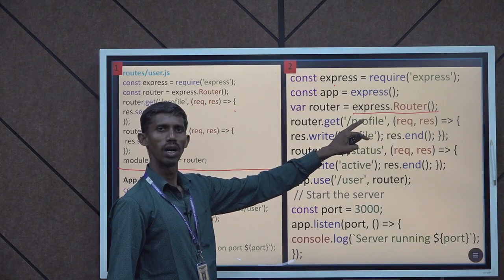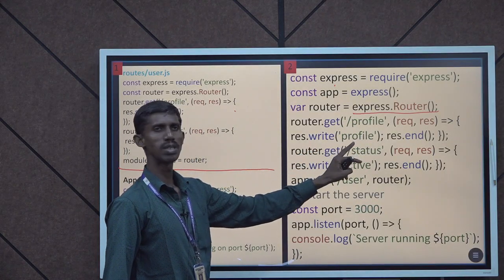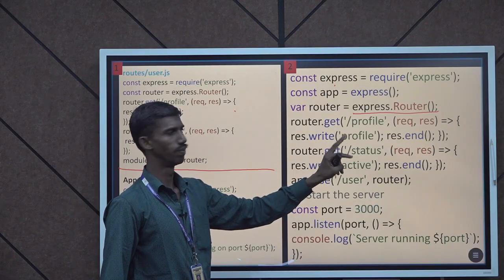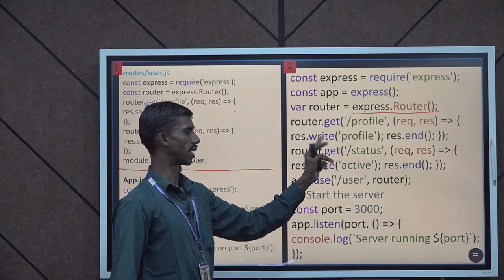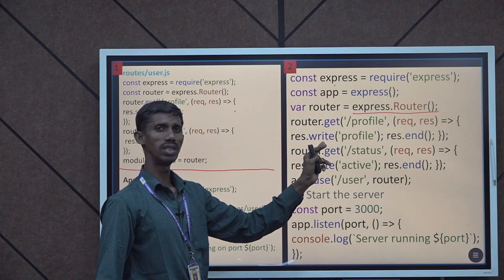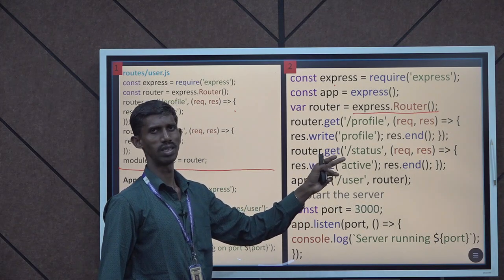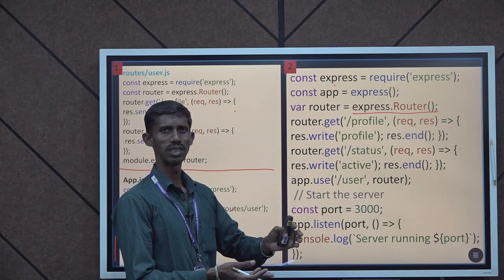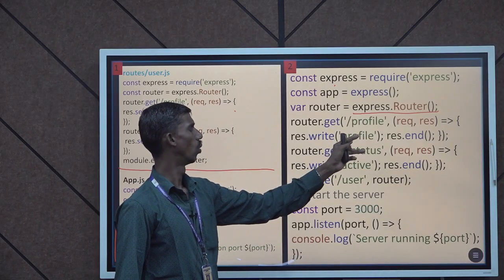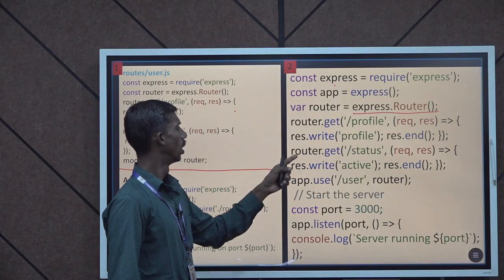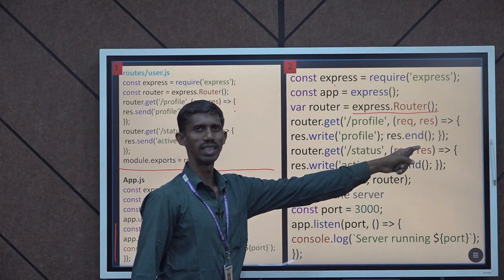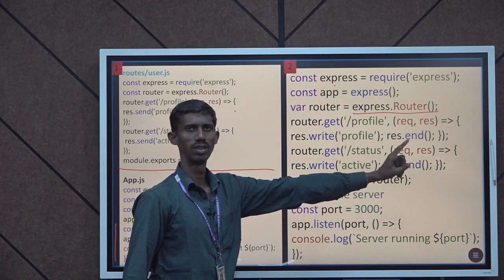Whenever we use the URL profile, it displays the content as profile. Here we use the write method. Initially we discussed response.send, but we can also use write. Then the dynamic result in the web page is loaded with profile. And response.end, at the end nothing is printed, it simply ends.